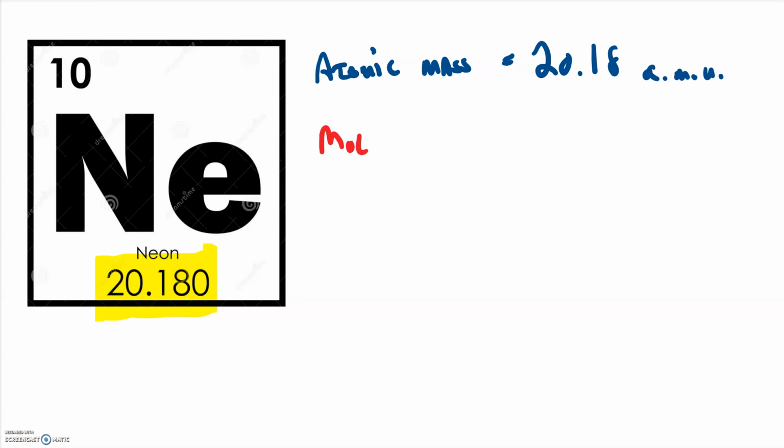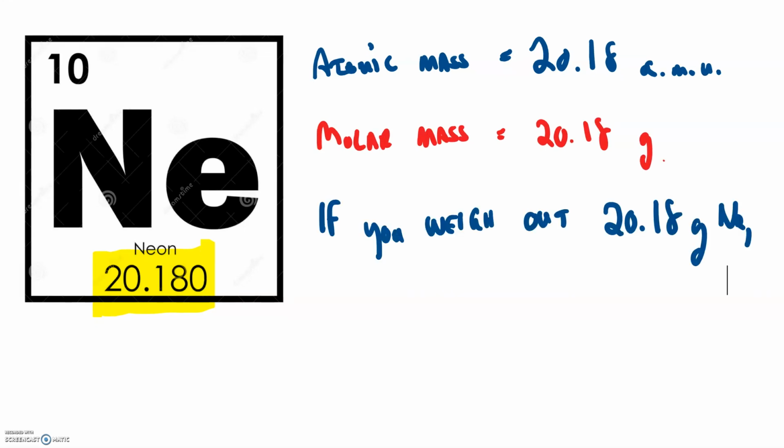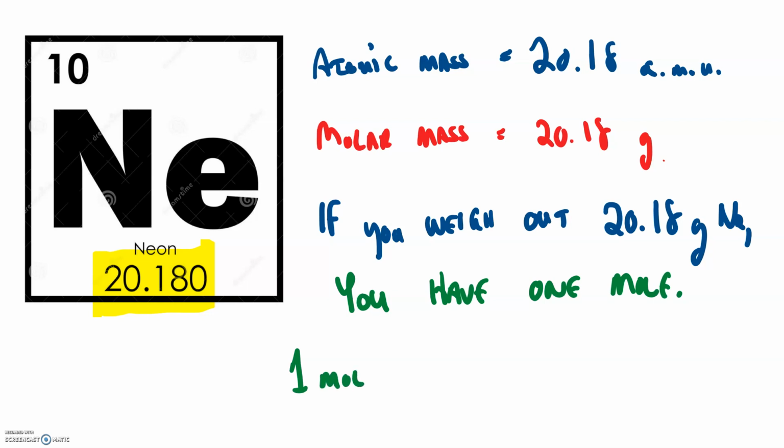That means that its molar mass is the same value, 20.18 grams. What this means, if you weigh out 20.18 grams of neon, you have 1 mole. And that means that if you have 1 mole, you have exactly 6.02 times 10 to the 23rd atoms of neon. And that's all it is.